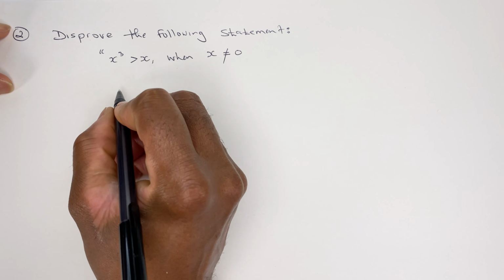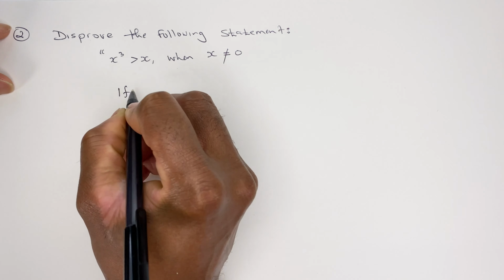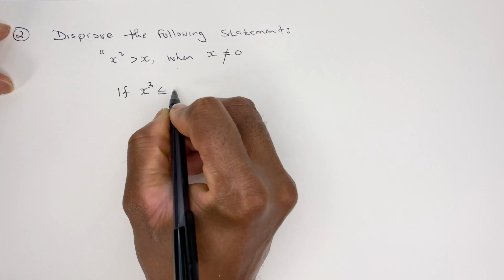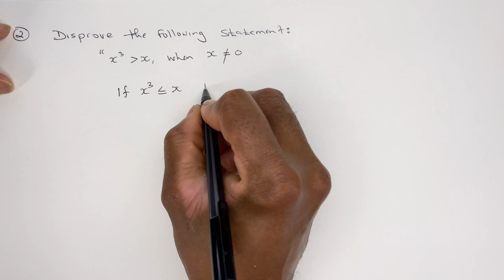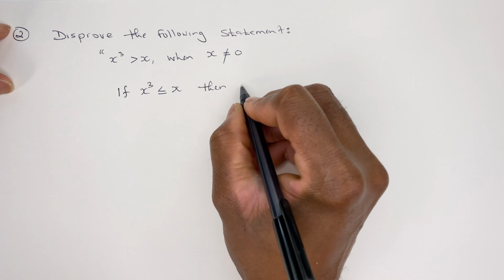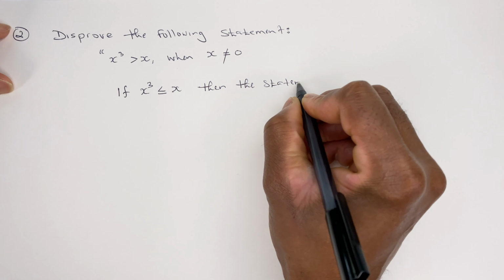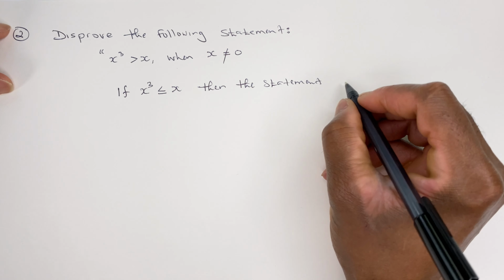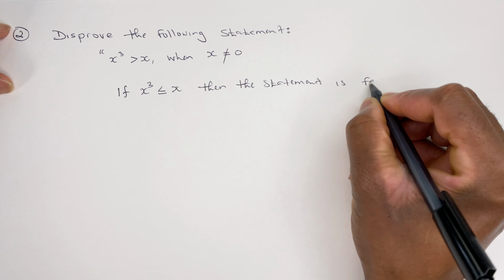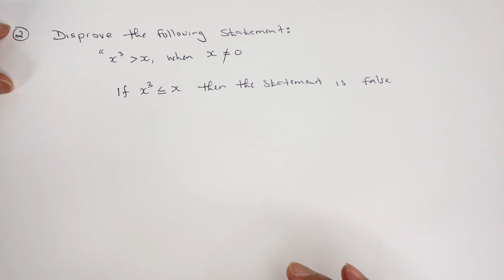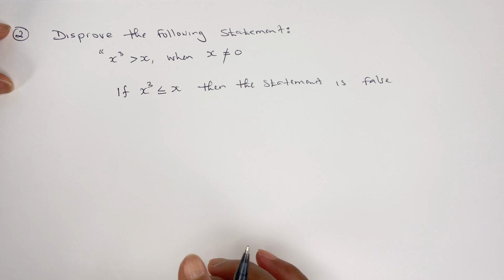In this case, let's try: if x cubed is less than or equal to x, then the statement is false. And so we need to find any one condition where x cubed is less than or equal to x.